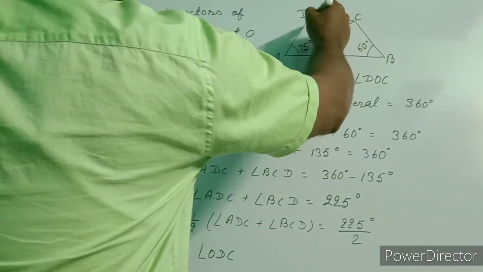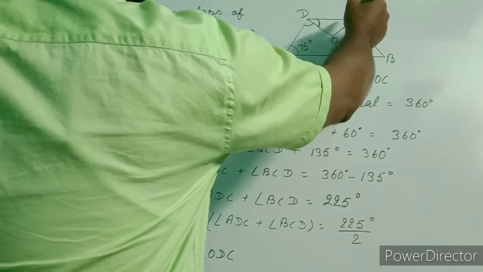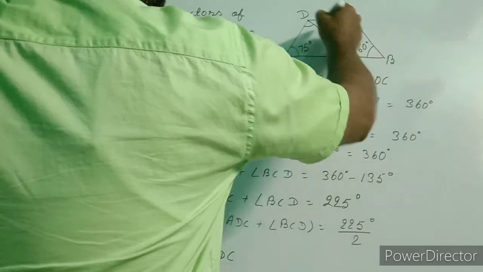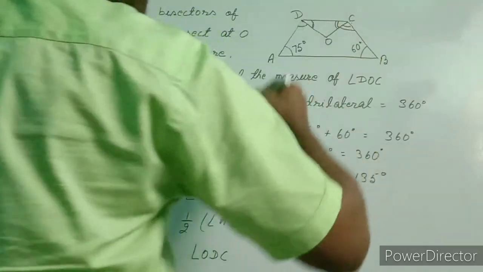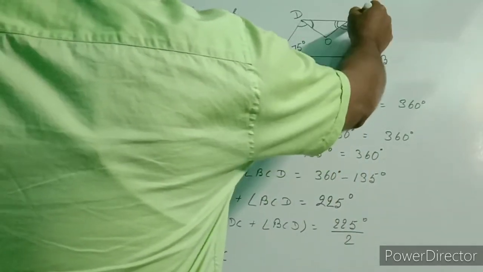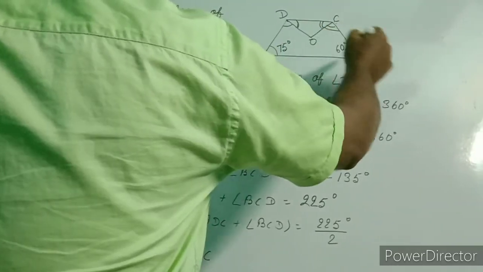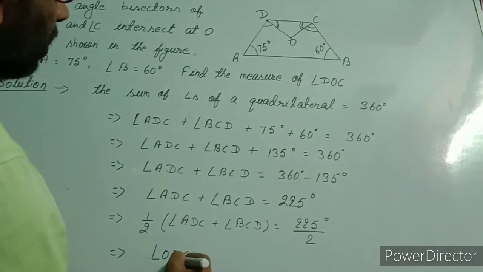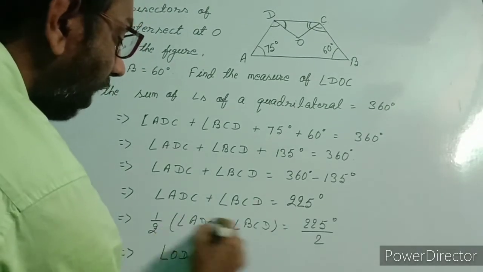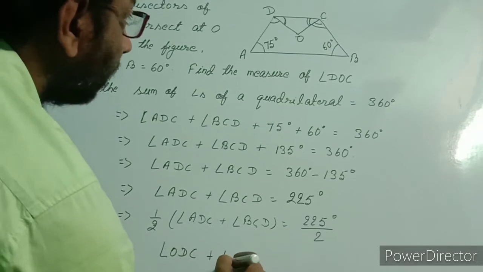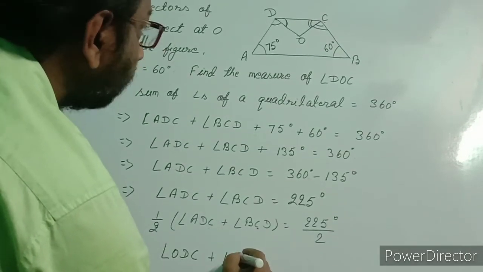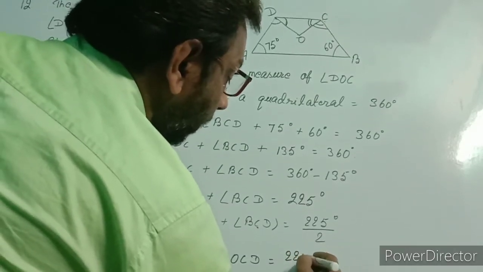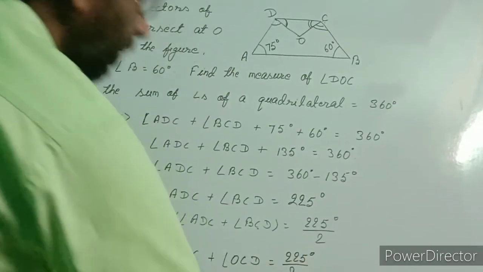OC is also a bisector. So these two angles are equal, and similarly these two angles are also equal, because OD and OC are bisectors of these two angles. So half of ADC will be ODC and half of BCD will be OCD. This much equal to 225 degree by 2.